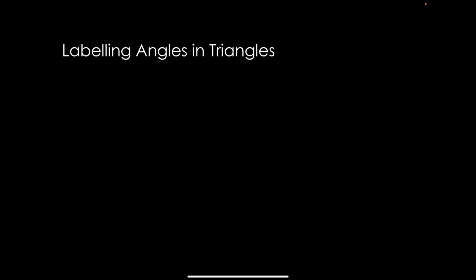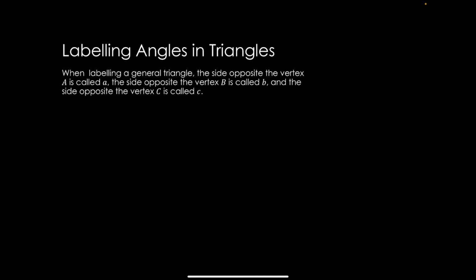Now then, we also need to be able to label angles in triangles. When labelling a general triangle, the side opposite the vertex A is called little a. The vertex, remember, is the corner. We did a video on this.